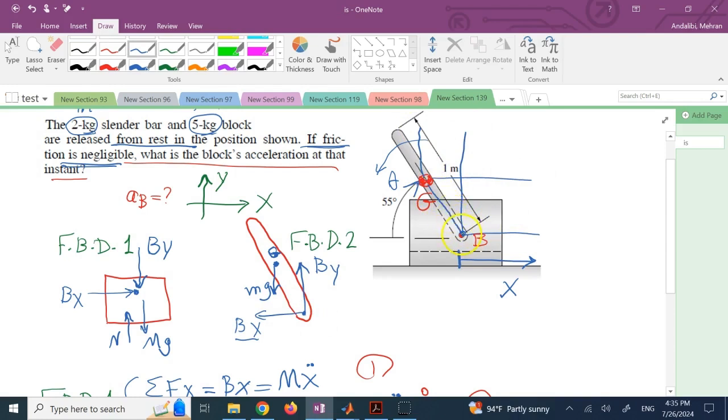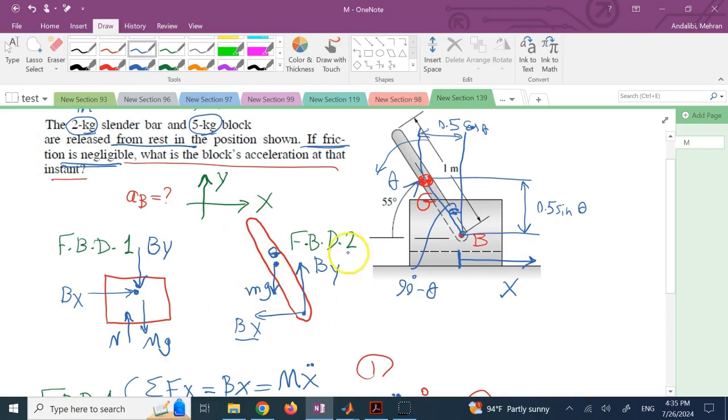Since this length here is 0.5, half of the member, and this angle is theta, this angle here is 90 degrees minus theta. Then this vertical distance from here to here is simply 0.5 times cosine of 90 minus theta, which is sine theta. And this distance from here to here is 0.5 times cosine of theta. And Bx does create a clockwise moment, so Bx times 0.5 sine is positive.